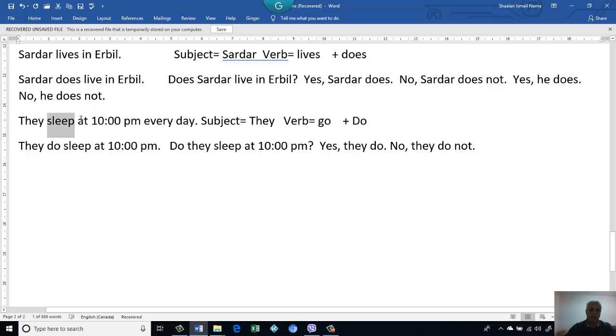Then I go to the second step. I check the subject. If my subject is he, she, or it, then I use does as we did here. But if my subject is I, they, we, you, or plural, then I'm going to use do as I did here. That's my new auxiliary verb. Now it's easy.